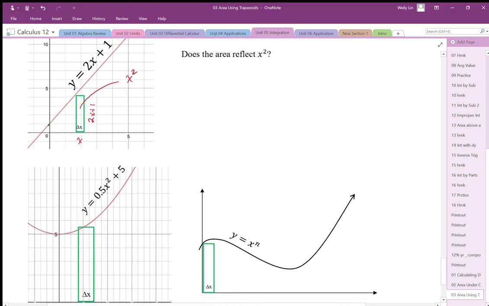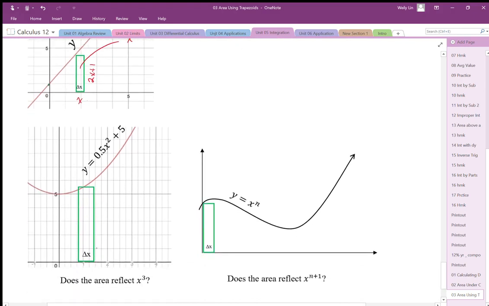This area in here, the y value has an x squared in it, I think it was 0.5 x squared. These units have x in it going this way. So this area must have something to do with an x cubed. Even the units work out, even the powers work out.